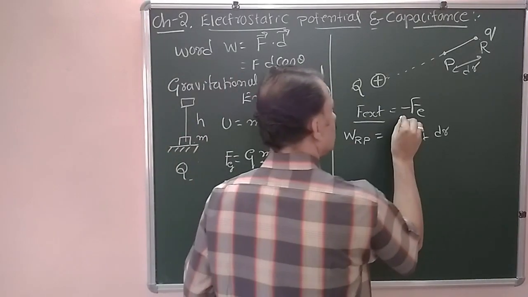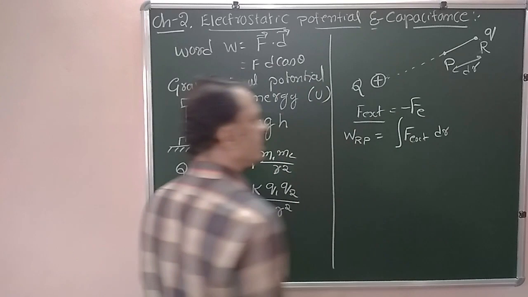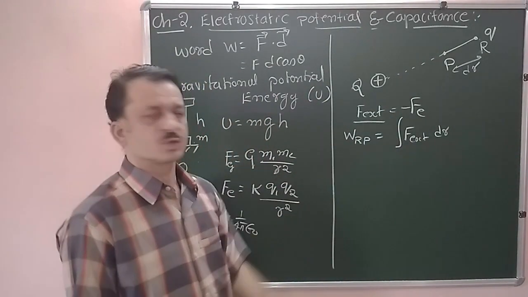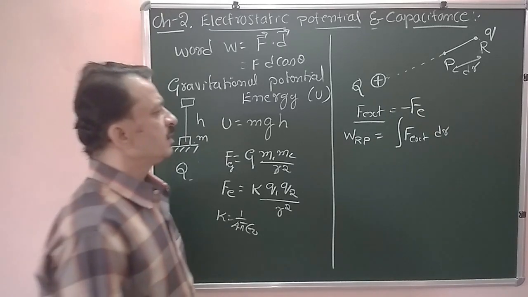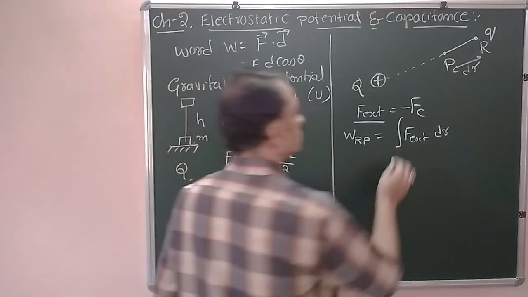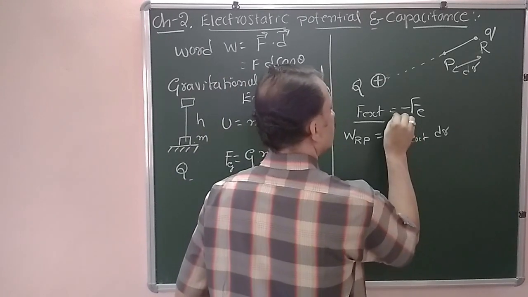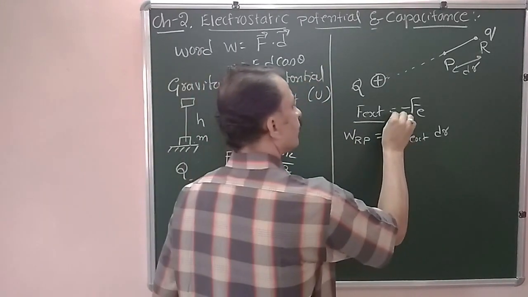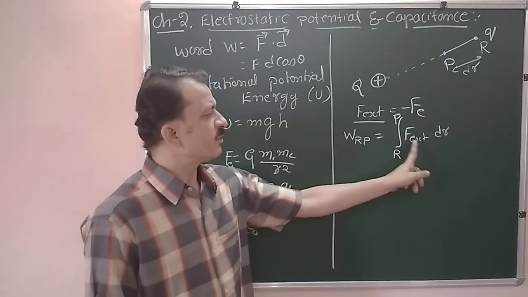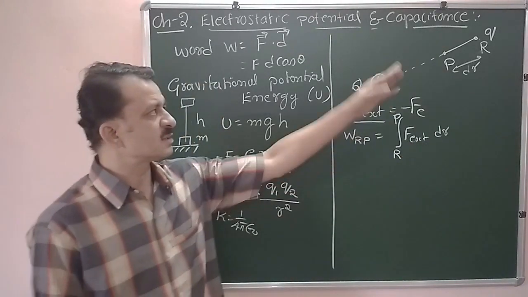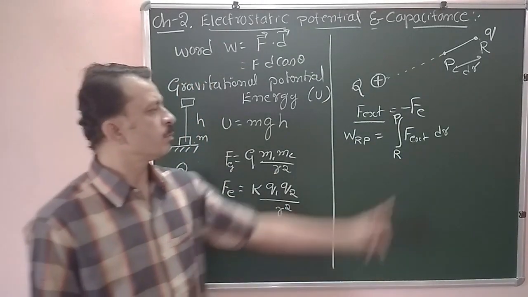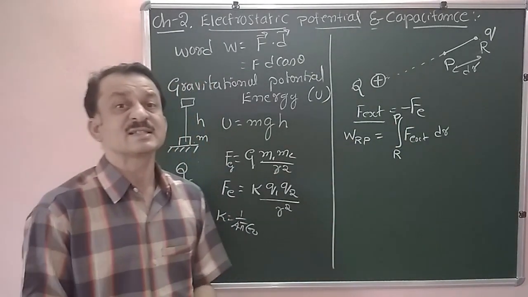So that means we are applying an external force which is a variable one. Therefore, we have studied in the first PUC that the work done by a variable force is calculated by using the integration notation, from the initial point R to the final point P. If the force is constant, we simply write F external into dr. Since here the force is variable, we have to work out the work done by using the integration sign.